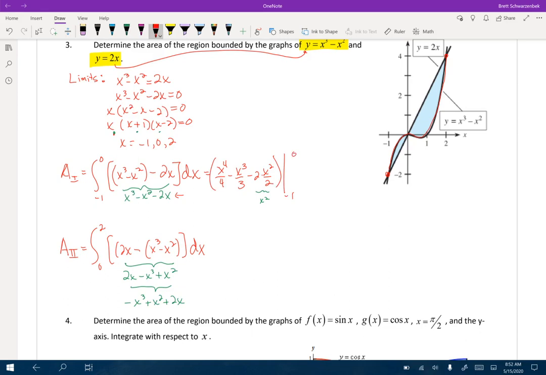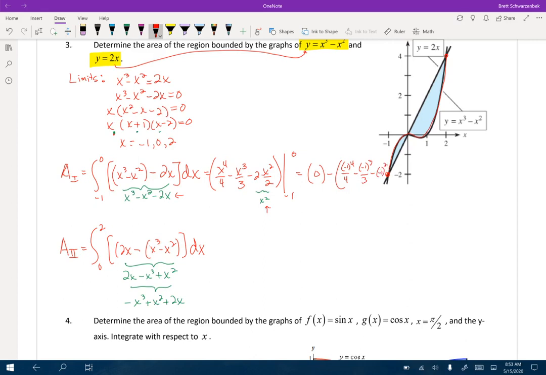Well, luckily, if we plug 0 into all of these, we're going to get zeros across the board. So then all we have to do is worry about the negative 1. So we're going to get negative 1 to the 4th over 4 minus negative 1 cubed over 3 minus, remember this is just x squared, so we're going to get negative 1 squared.